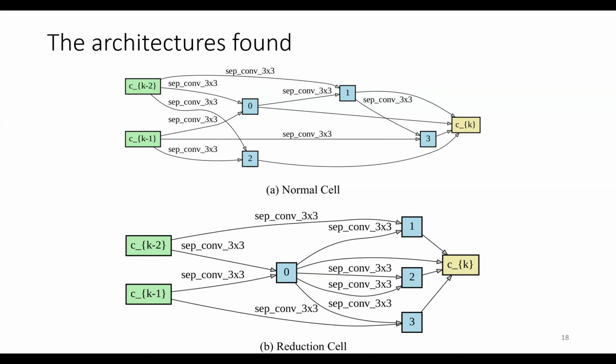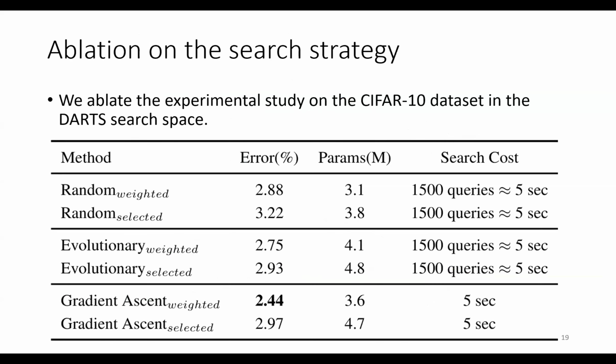two kinds of cells, a normal cell and a reduction cell. That's the architecture we found based on the CIFAR10 data set and applied to ImageNet. And for the ablation study of the search strategy, we performed it on CIFAR10 based on the Dart search space.